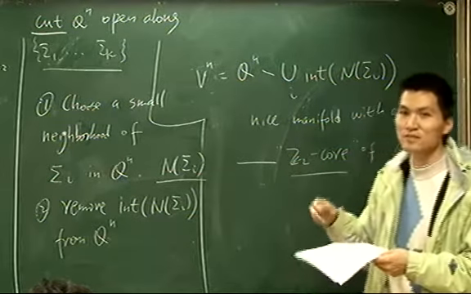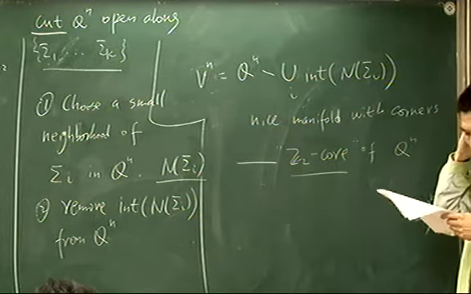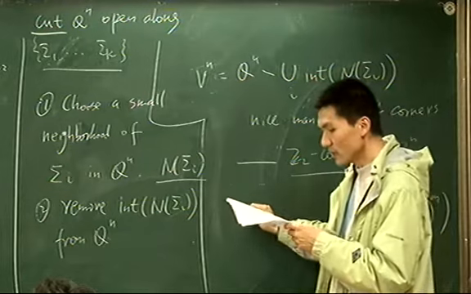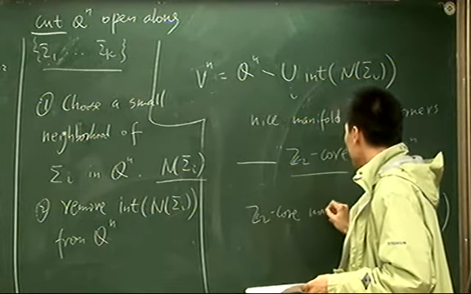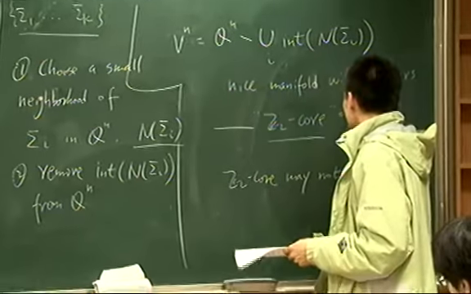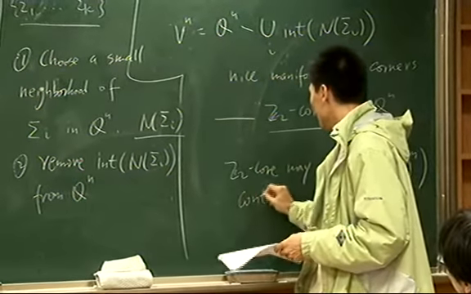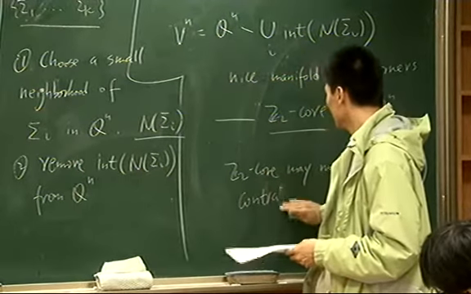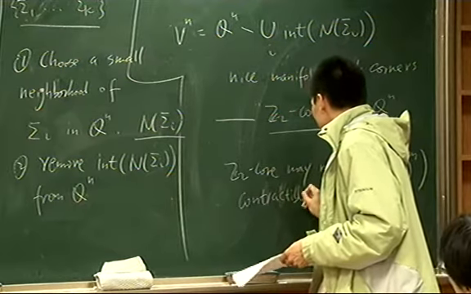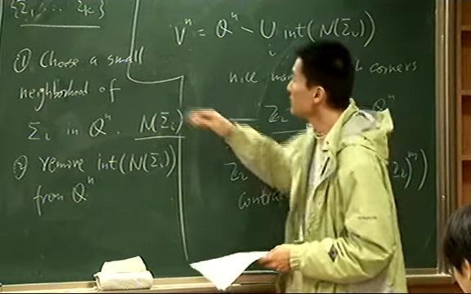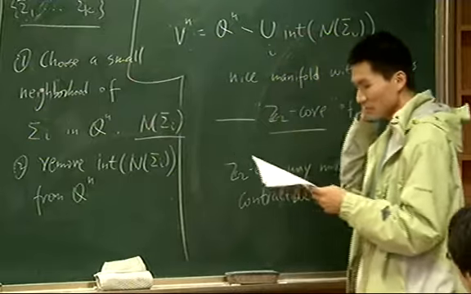You have to write some arguments for that, but it's not very hard. In addition, the Z2-core may not be contractible. This is quite surprising, because even if we cut it open, it still may not be contractible.